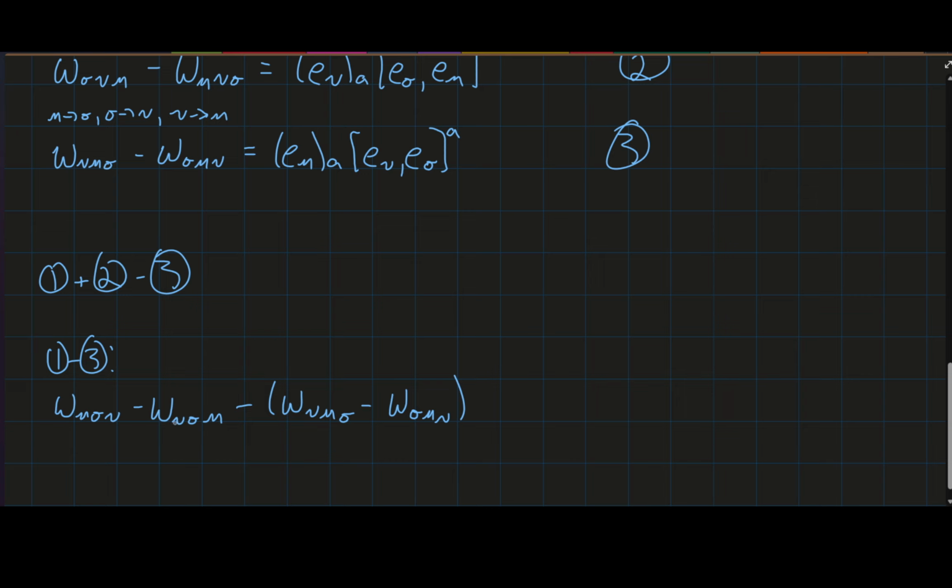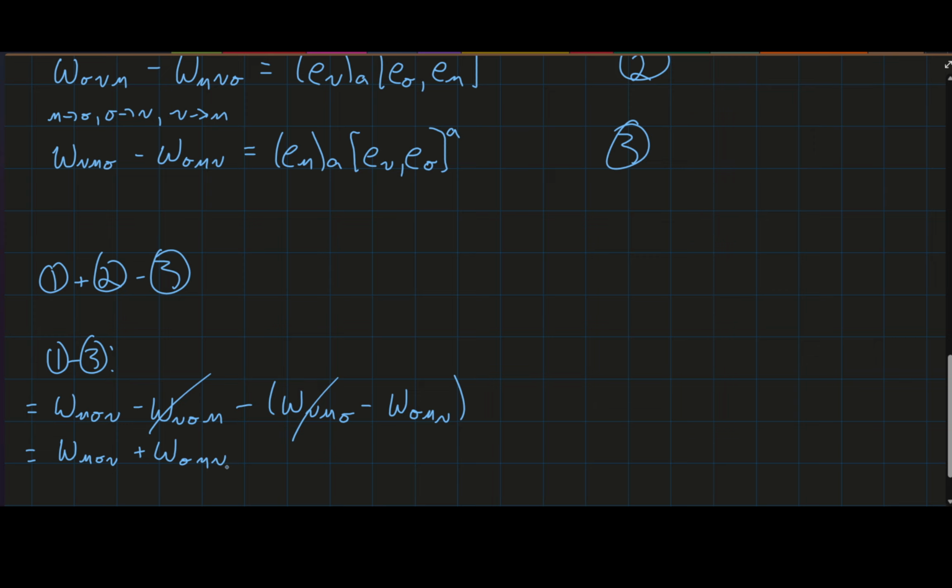Due to the anti-symmetry property, this is going to cancel with this. We're just doing the left-hand side right now. And this is going to give us omega mu sigma nu plus omega sigma mu nu.